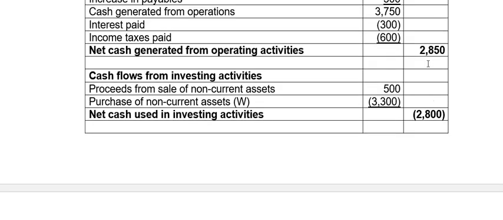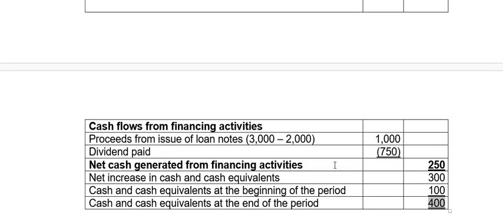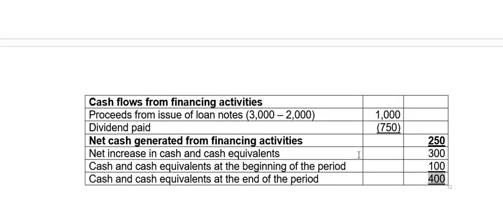There was a net cash generated from operating activities of $2,850,000, but that cash was used in investing activities, because the net cash used in investing activities is 2.8 million. But then from financing activities, we managed to generate just $250,000 as per the statement of cash flows, making it 300,000 as a net increase. When you add this 300 to the 100 we have at the start, we have 400. So that's the question. That's the statement of cash flows.